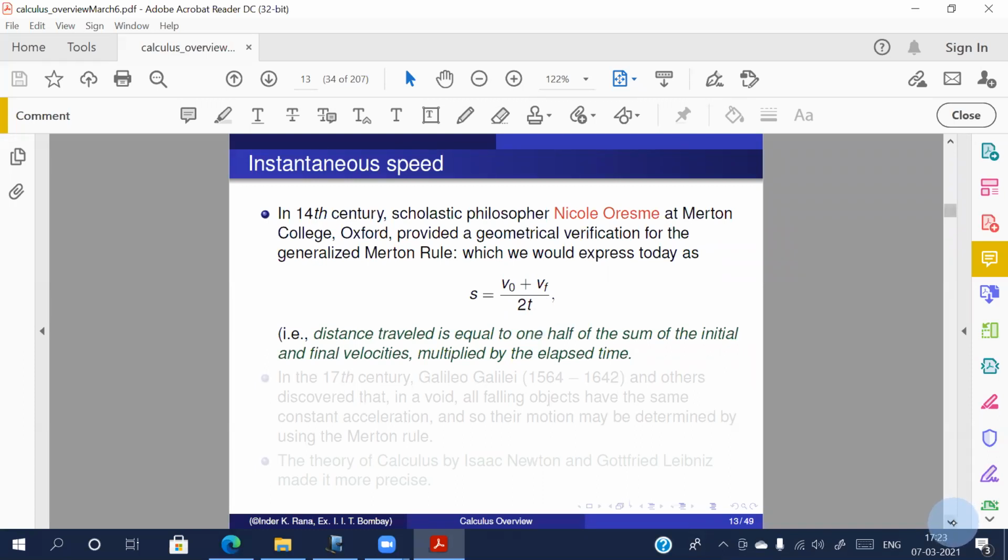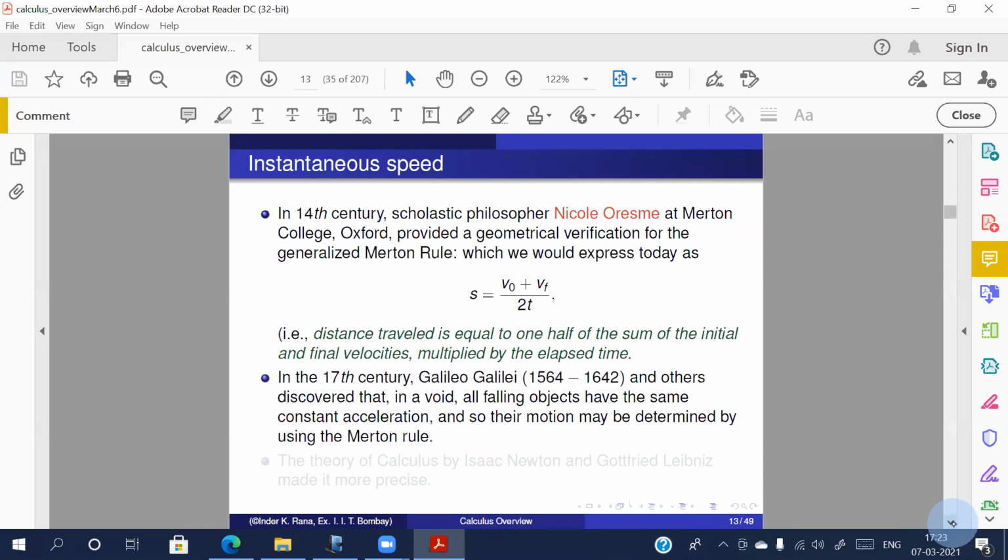Nothing much was done with this idea of instantaneous speed till Galileo came on the scene in the 17th century. Galileo looked at moving bodies and speeds, and he gave some rules for the same. Later on, these works were formalized by the works of Newton.